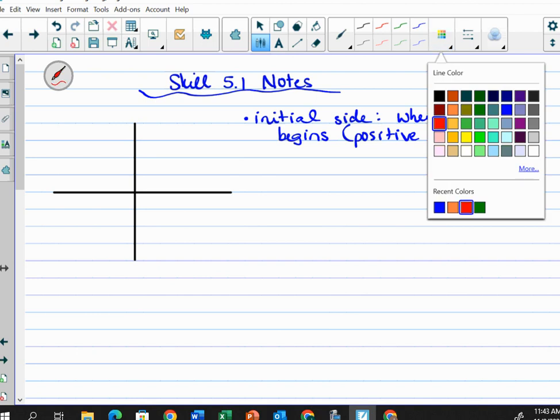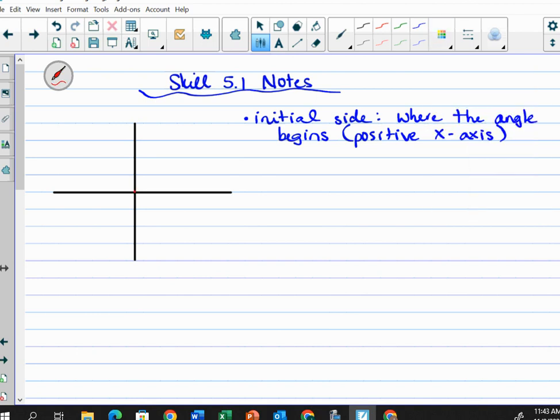So I'm going to draw a little angle over here. Okay, there's my angle. So the initial side is this side right here on the positive x-axis.